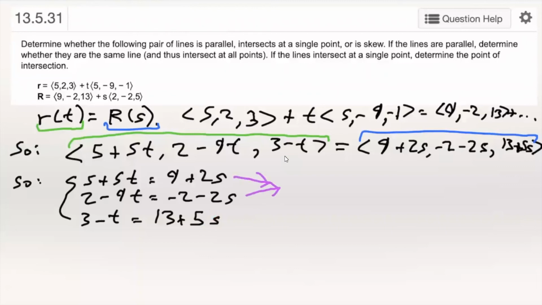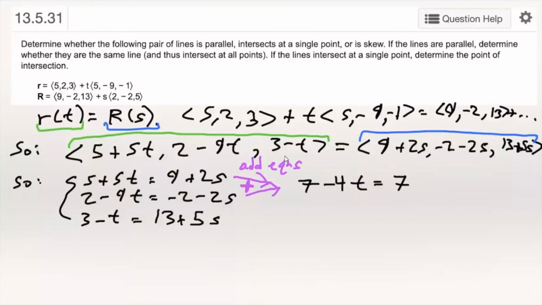So notice that this has a plus 2s, this has a minus 2s. Let's add these equations together. And what do we get? We have 7 minus 4t is equal to 7. 5 plus 2 is 7. 5t minus 9t is minus 4t. 9 minus 2 is 7.